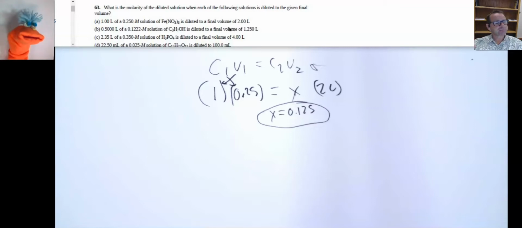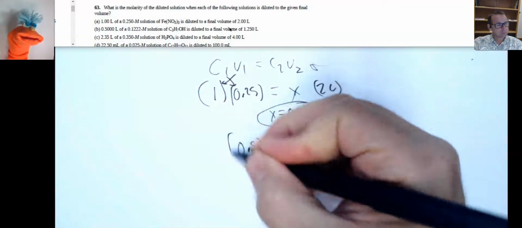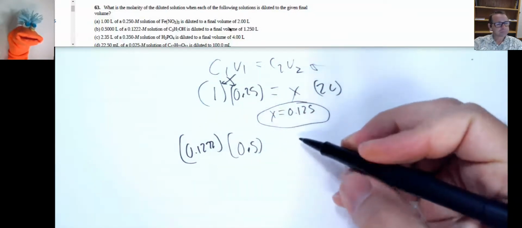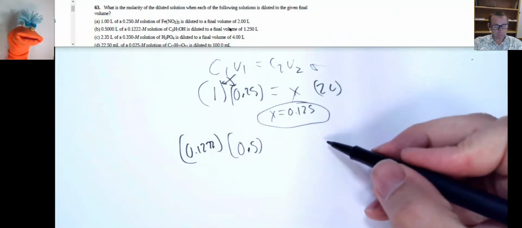All right. The second one, 0.5 liters, 0.1222, 0.125 liters, or 1.25 liters.